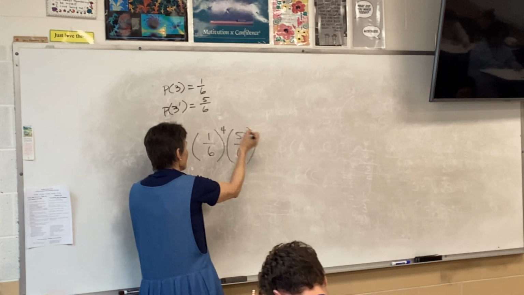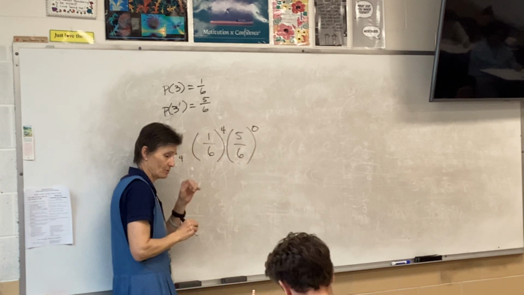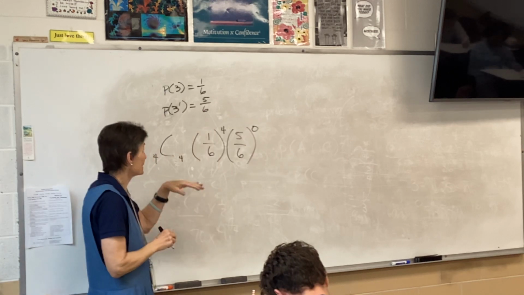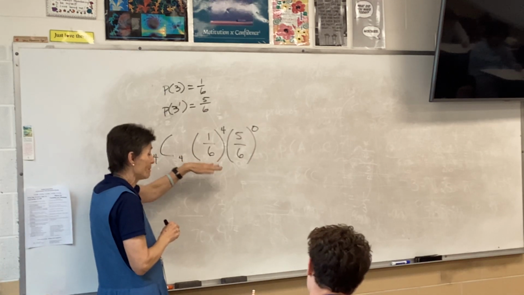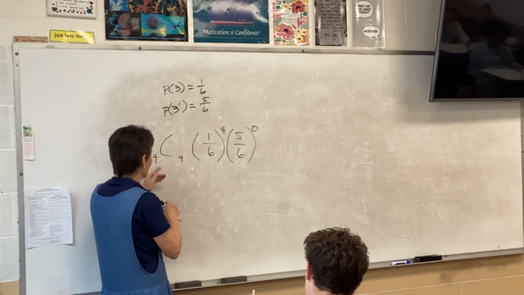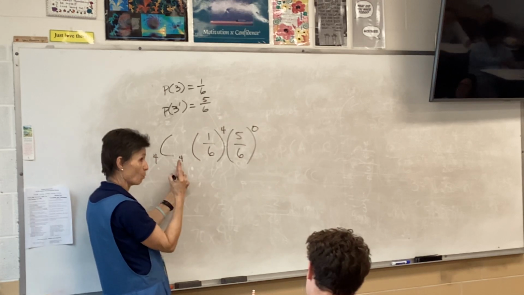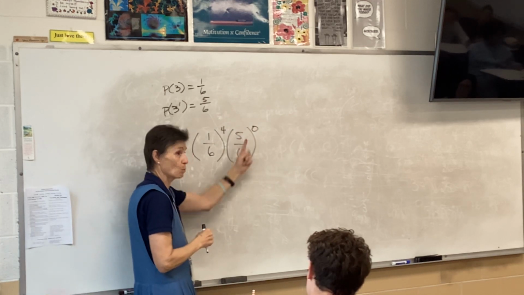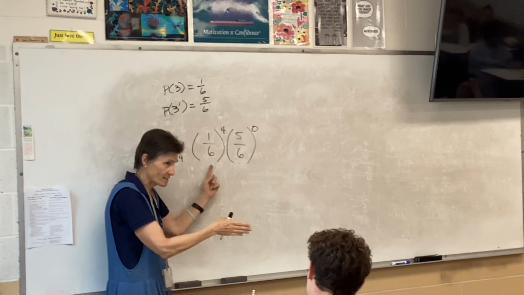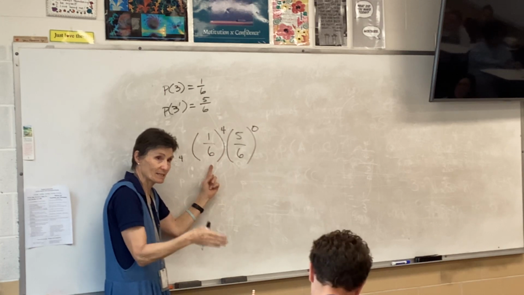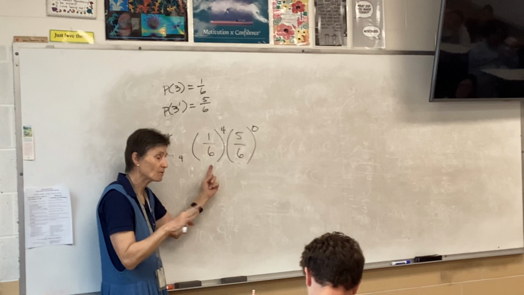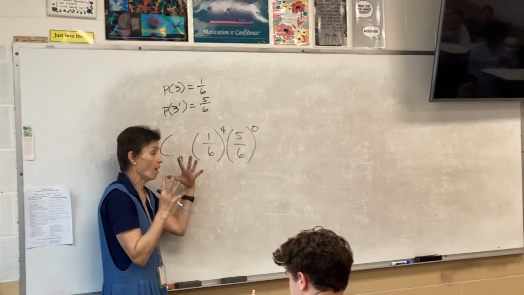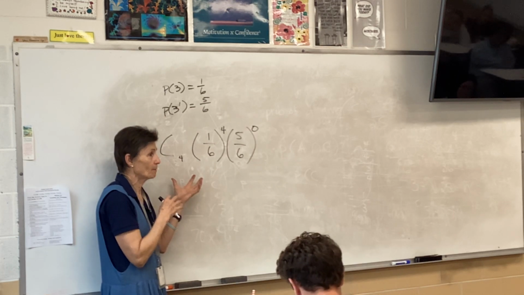I want 4 3s and none of the others. Now, this will be the same answer because 4C4 is 1, and this is 1. Basically, it's 1/6 times 1/6 times 1/6 times 1/6. There's nothing wrong with that strategy on this particular problem.